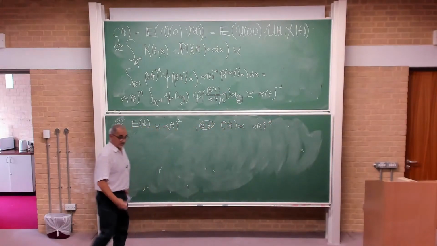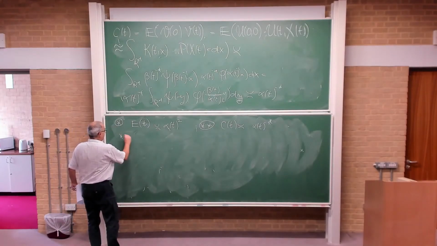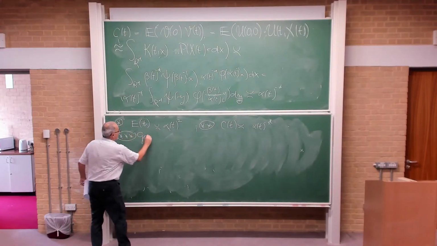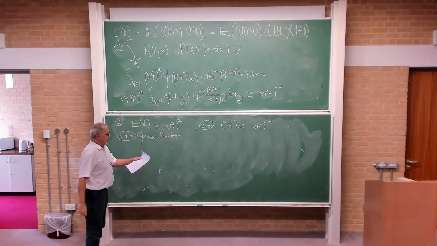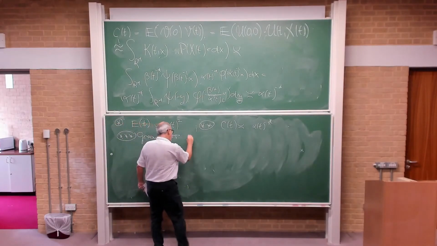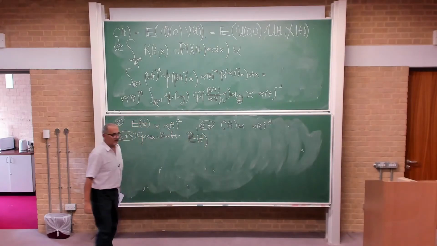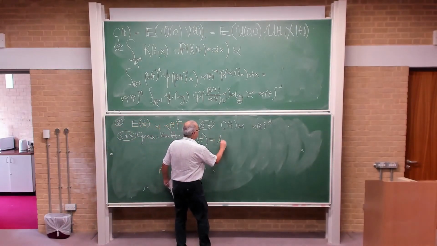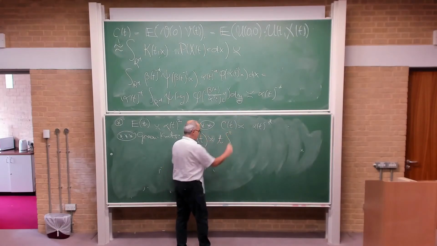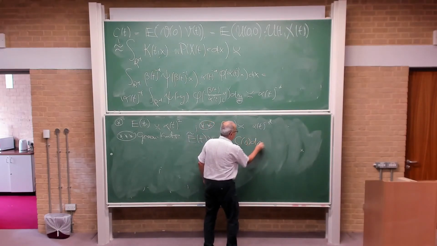And there is a third one, the Green-Kubo, which says that E tilde of t, which is about the same as E of t, is of the order of t times the integral from 0 to t of C(s) ds.